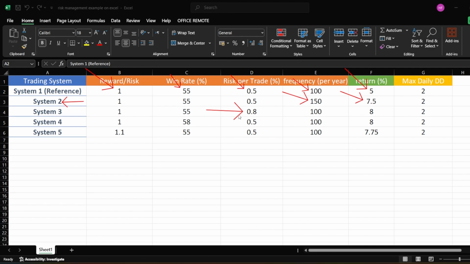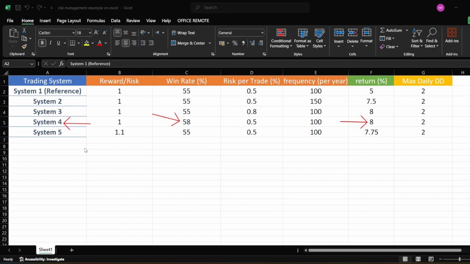System 3 has a higher risk per trade compared to the reference system, and the other parameters are exactly the same. Thus, the return will be 8% for it in 1 year. System 4 has only a higher win rate compared to the reference system, and we can see the return is exactly the same as system 3 with 8% per year.